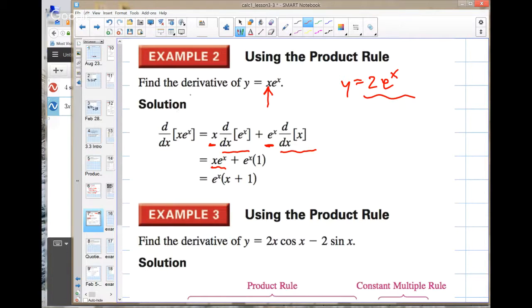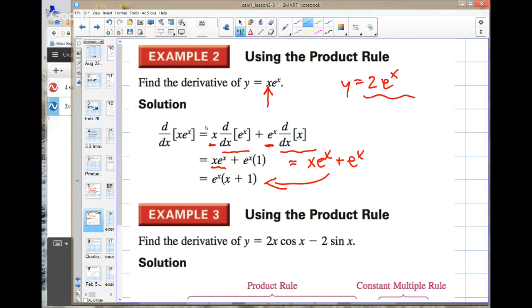All right, plus the second times the derivative of x. Well, the derivative of x is 1. So we could just say x e to the x plus e to the x. That would be correct. Or we could factor out the e to the x and get the answer that the book has.